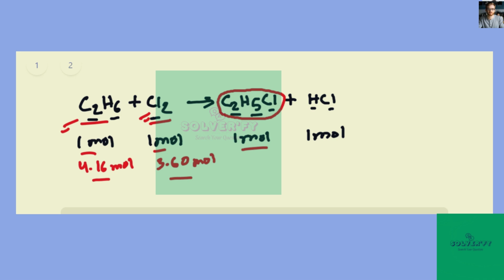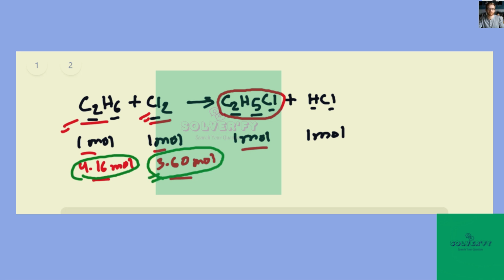In this case the limiting reagent is chlorine, because 3.60 mole of chlorine will react with 3.60 mole of C2H6, and then some excess of C2H6 will remain, and when all the chlorine is consumed the reaction will stop.